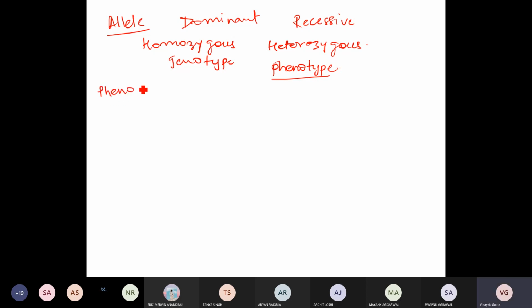Phenotype is nothing but, in simple language, the trait which you are seeing in a particular plant or in a particular individual. Can you give any example of phenotype? Phenotype is nothing but a trait. Can you give some examples?